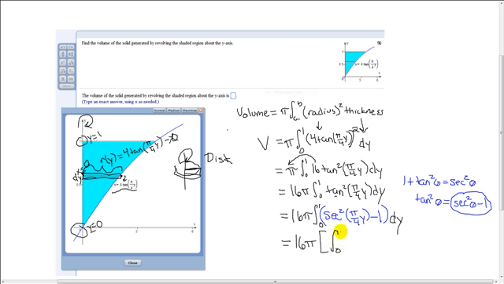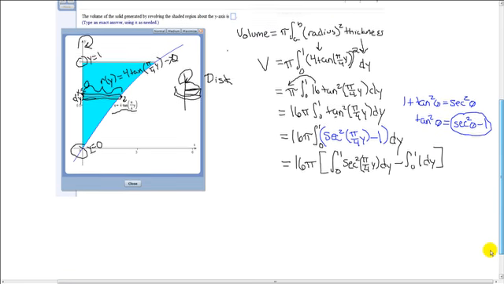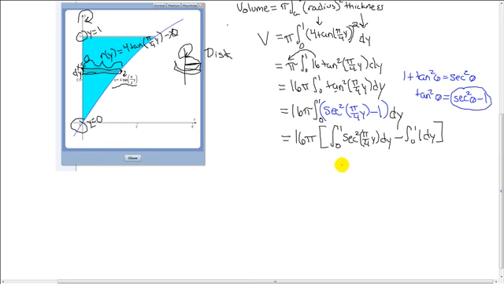Okay, and now I'm going to look at this as two separate integrals. I'm going to break this up. So 16 pi, I'm going to leave that out front, and I'm going to set up brackets because I'm going to write two separate integrals. Integral from 0 to 1 of secant squared pi over 4y dy minus the integral from 0 to 1 of 1 dy.